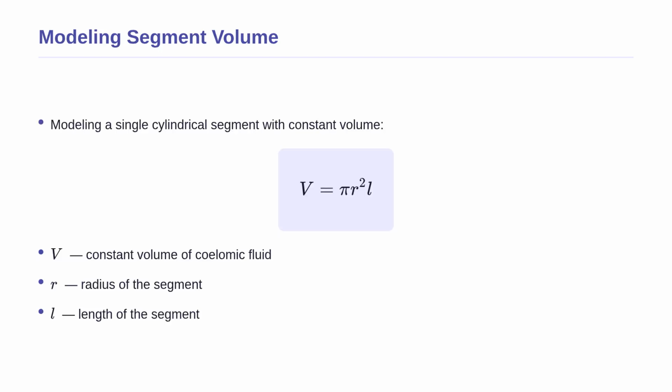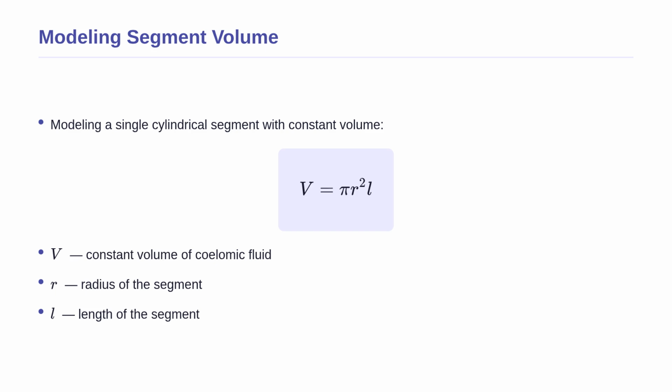This brings us to the mathematics of metameric movement. We can model the volume of a single segment using the basic geometric formula for a cylinder. V equals pi times r squared times L. Here, the variable V represents the constant volume of the coelomic fluid inside the segment.